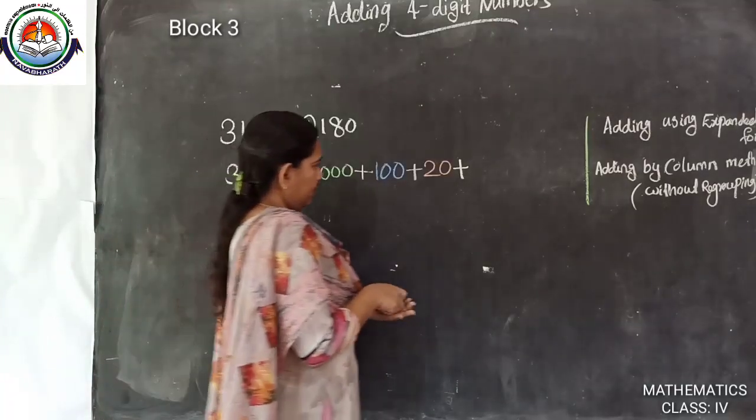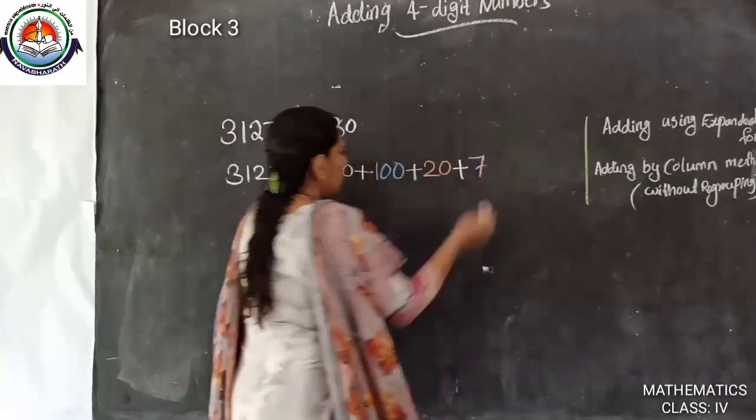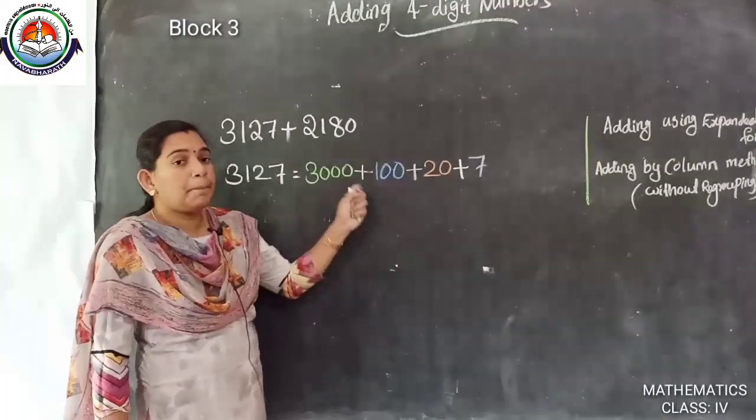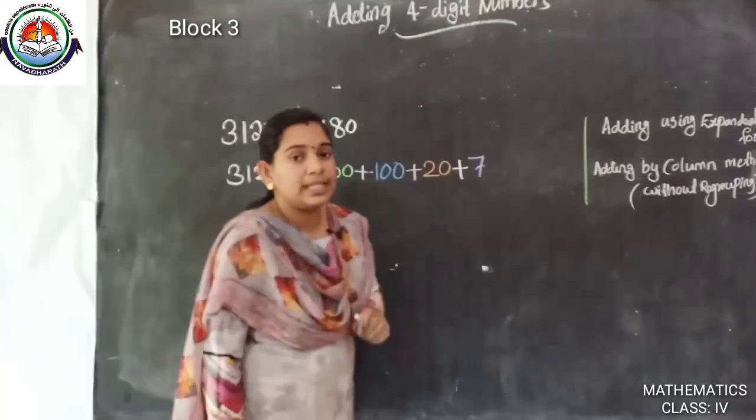Very good. How do we expand 3127? 3000 plus 100 plus 20 plus 7.